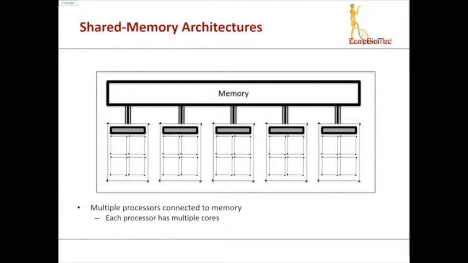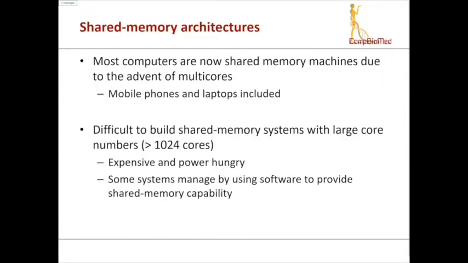They share the memory within that node. So most computers now are shared memory machines because of multi-cores. In fact, my mobile phone is a shared memory machine. It is very difficult to build shared memory systems with large core counts, say over 1,000 cores. They're very expensive and consume a lot of power. So we can't really extend these machines larger and larger.